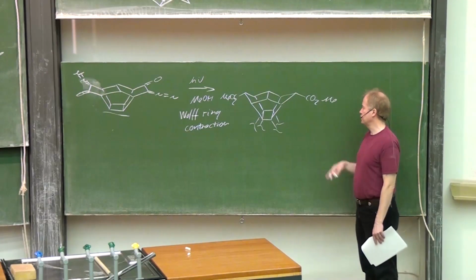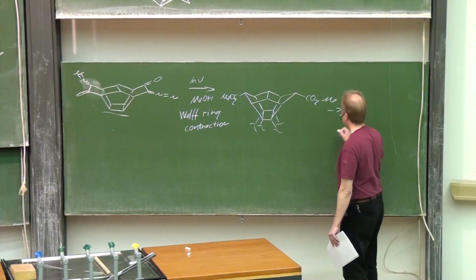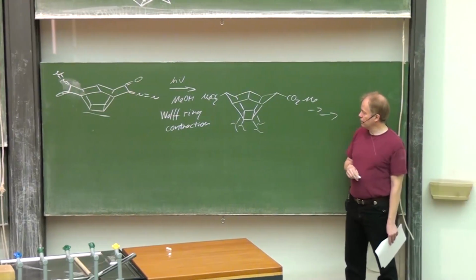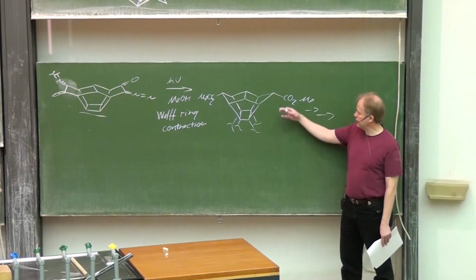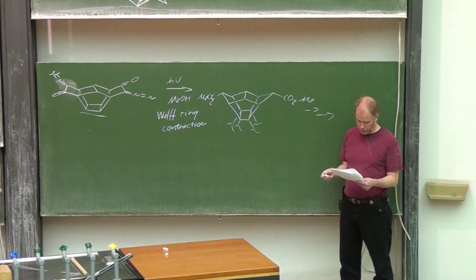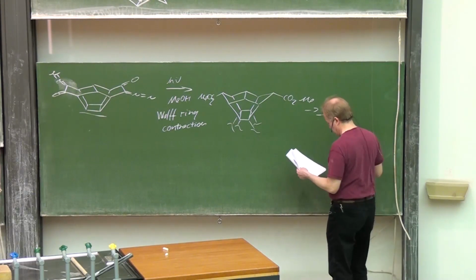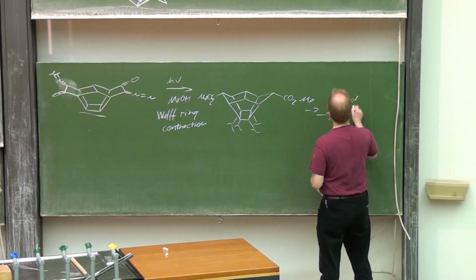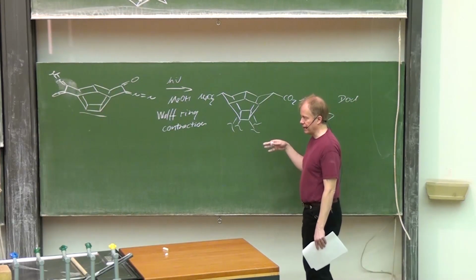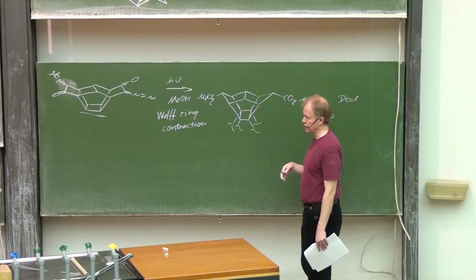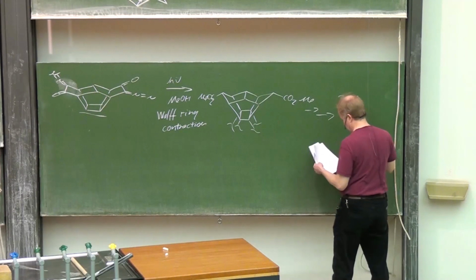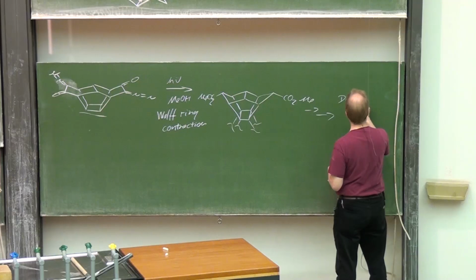And as you see with some other methods, one is then able to get rid of the ester functionality to get to the final pagodane, and then the rearrangement to the dodecahedrane in the last step with about 8%.